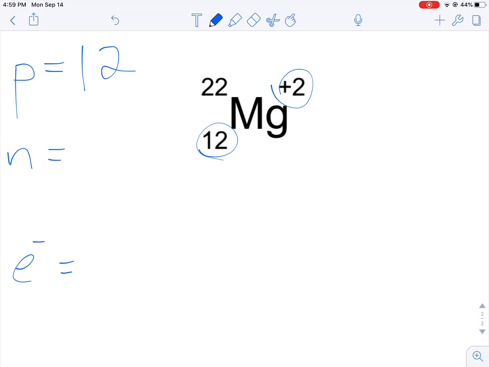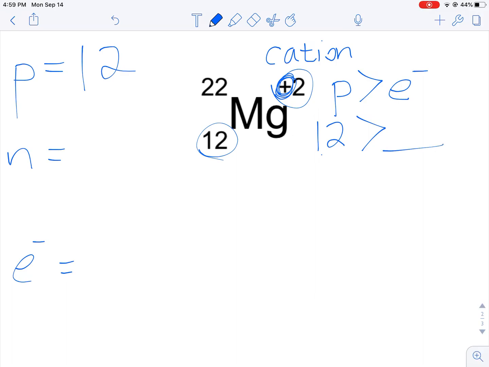The charge is positive, which means this is a cation. And the only way that I can get a positive charge is if my positive particles outnumber my negative particles. They have to dominate. Do I know how many positive particles we have? Yep, we've got 12 of them. So I know the number 12 has to be greater than the number of electrons that are present.